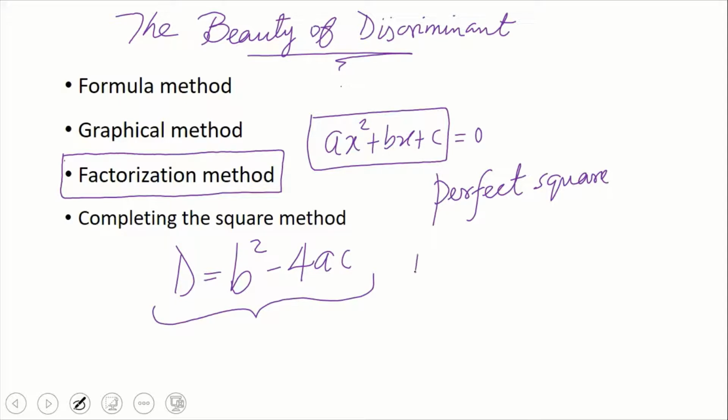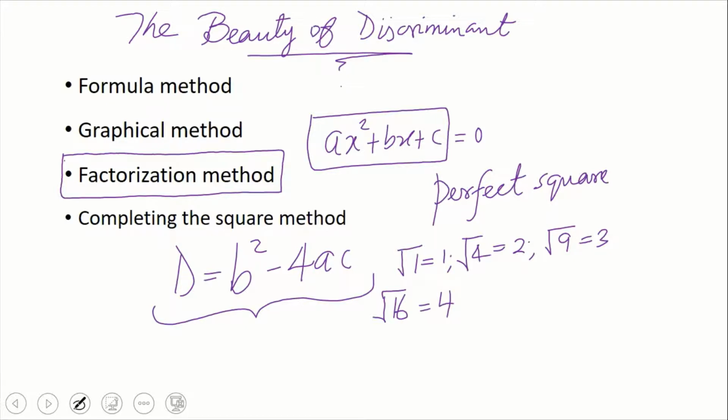For instance, 1 is a perfect square because the square root of 1 is 1, which is a whole number. 4 is another perfect square because the square root of 4 is 2. 9 is another perfect square because the square root of 9 is 3. 16 is the next perfect square because the square root of 16 is 4.